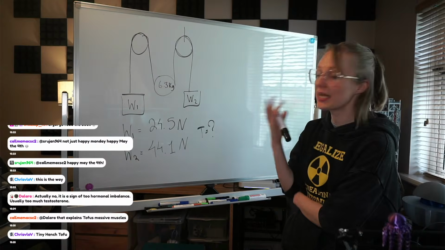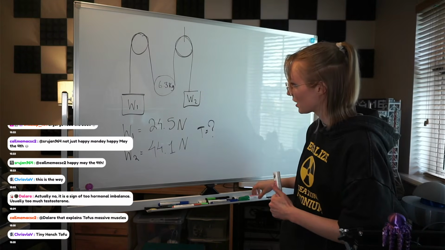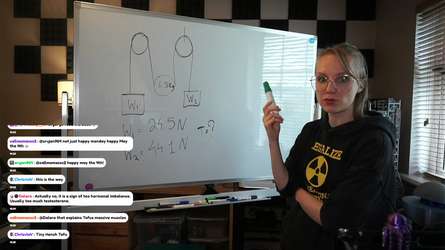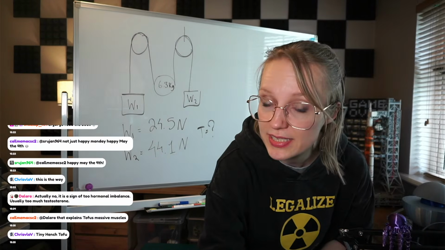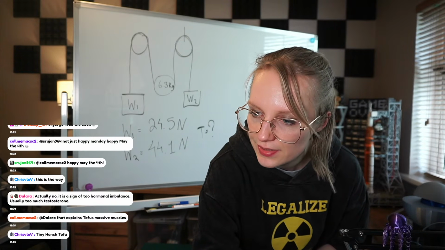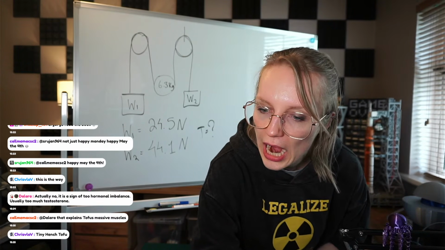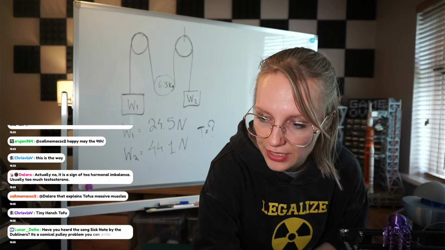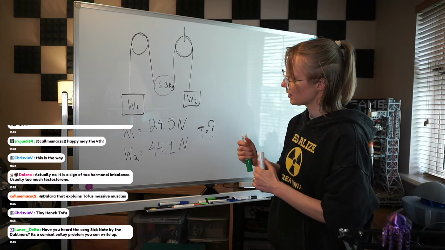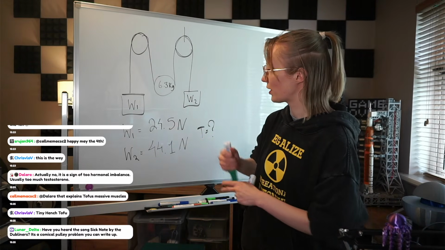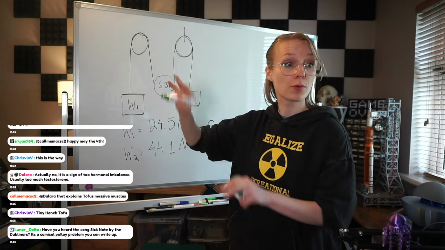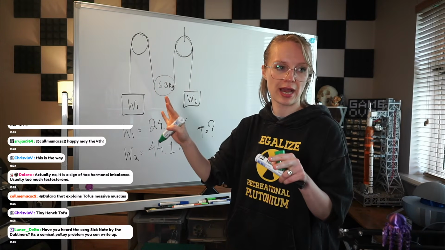Let's solve this problem. Let's do some free body diagrams. Now, this is going to be interesting. We have 2 sets of ropes, don't we? Well, no, we still have the same rope. Our acceleration is going to be different now. This is going to be problematic. First of all, this is 24.5 newtons. I'm going to assume, we could be wrong, both blocks could end up going up. We don't know what's going to happen.